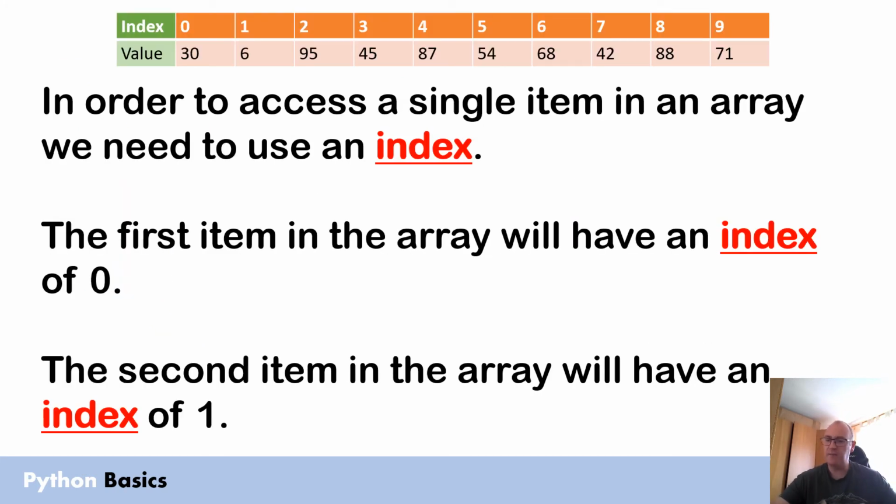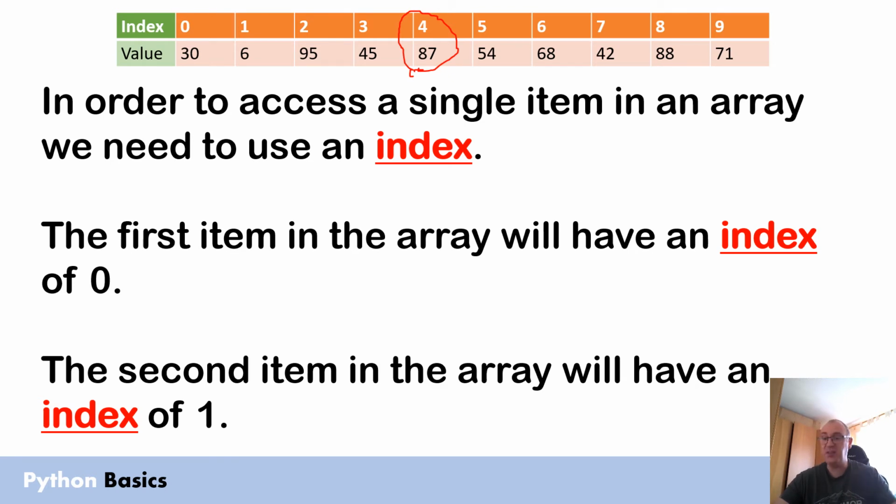So how do I get a value out of an array? Because I've got a single variable which is storing multiple values, I need a bit more information if I want to access just one of them. So if I want to access a single value in the array, for example, let's say I want to get this 87 out, I need to know where in the array it is.